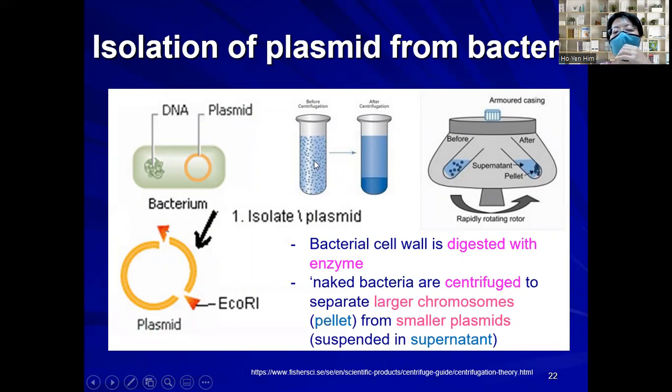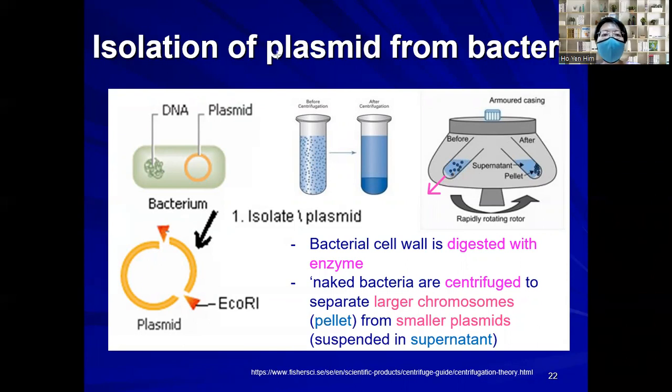So when you centrifuge, you put the bacteria solution into a small tube, and you place the small tube into a machine, which we call the centrifuge. And then the machine will start to spin. So when it spins, it will create very strong gravitational force downwards, which is many times of our gravitational force, so that the suspended particles can settle down quickly.